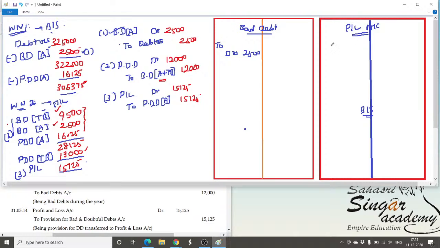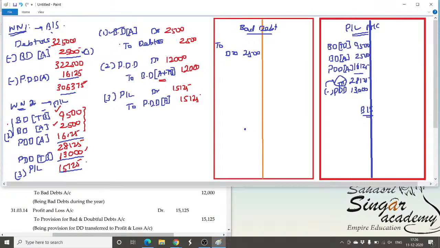Bad debt given in the trial balance, value being 9,500, and then the bad debt given in the adjustment, value being 2,500, and then the provision for doubtful debts given in the adjustment 16,125, and 28,125 minus provision for doubtful debts given in the trial balance, which is 13,000 rupees.